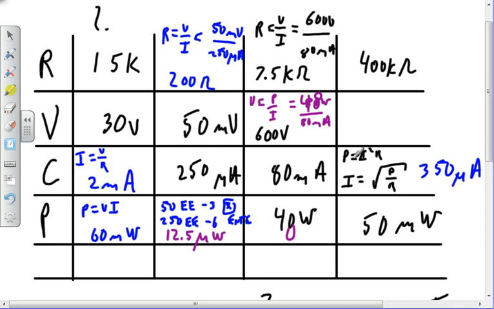Voltage is current times resistance. Okay, so I have current in my calculator already times 400 double E3 equals 140 volts. Okay, good enough?